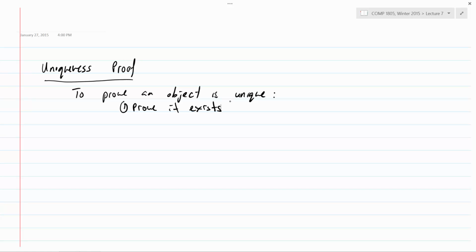Okay, so suppose that the object is X. So you've sat down, you've done an existence proof, and now you know that the object exists. Well, what you have to do now is show that it's unique. And one way to do that is to prove that if Y is not equal to X, then Y does not have the property.